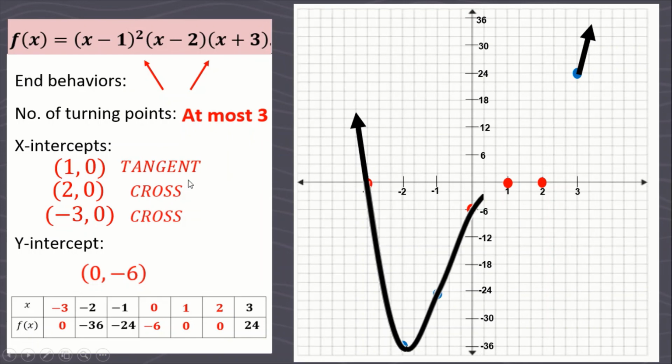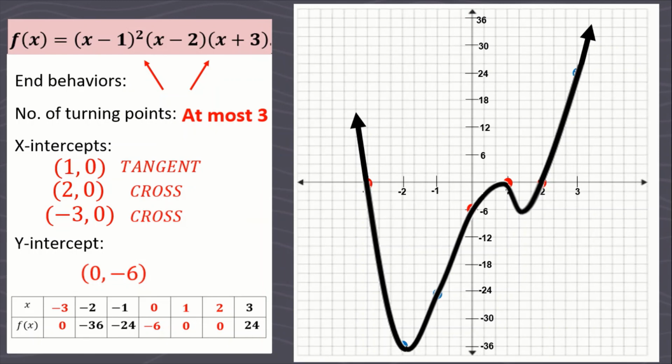In this case, the graph is tangent to x-axis. So, ang gagawin natin ay magta-touch lang siya sa 1, 0. So, lumiko tayo. Nag-bounce lang siya dito sa 1, 0, papunta sa next point na 2, 0 na magko-cross sa x-axis. So, tuloy-tuloy lang hanggang makarating tayo sa right na part ng graph natin.